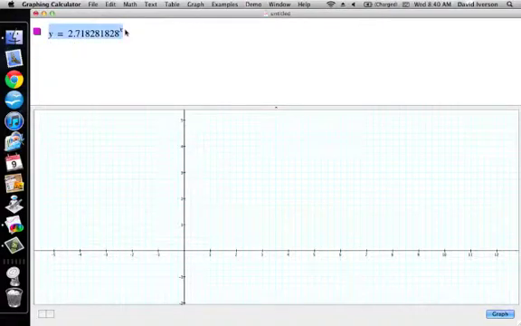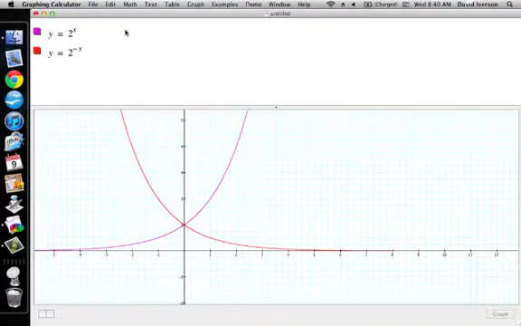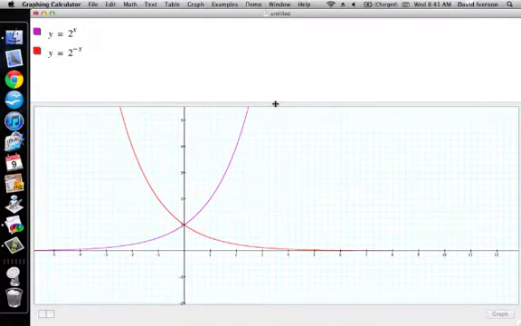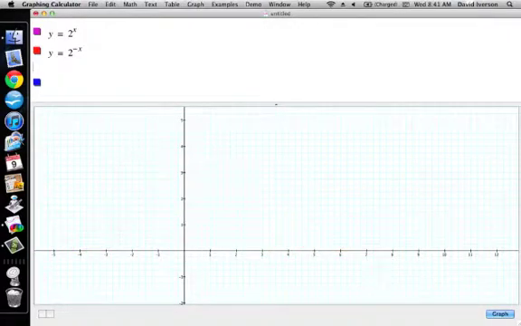Okay, so I've got two functions, y equals 2 to the x, and y equals 2 to the negative x. And then let's start figuring out what we can do with some other functions. So I want to know, what is it going to look like if I do y equals negative 2 to the positive x?